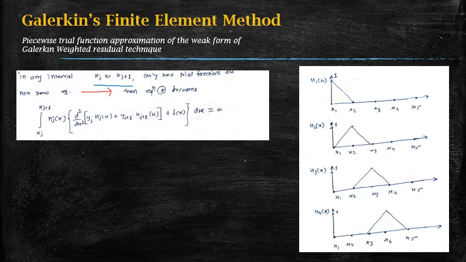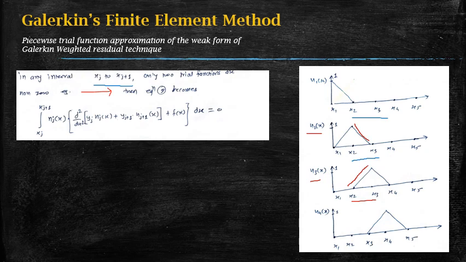Now consider the interval, suppose this is the interval x2 to x3. Within this interval x2 to x3, only two functions are active, meaning only two functions are non-zero. The first one is n2 of x, which is varying like this, and the second one is n3 of x, which within the interval x2 to x3 is varying like this.